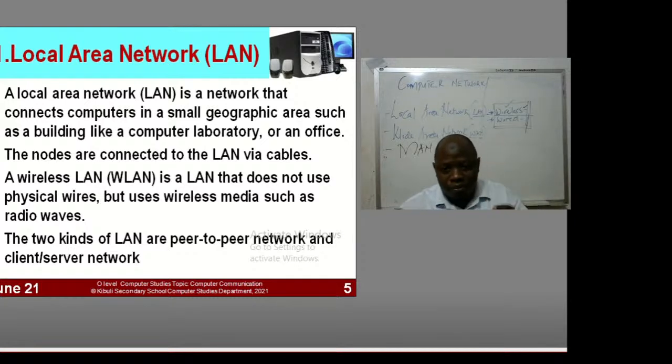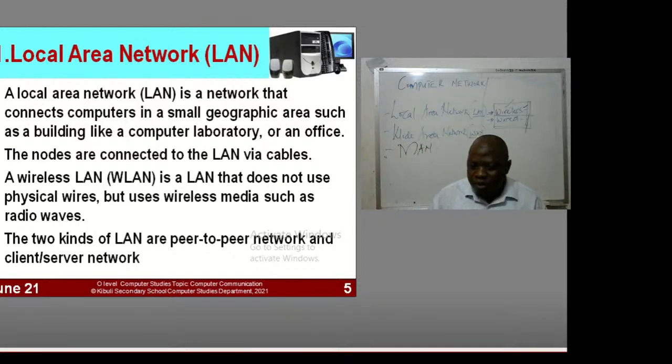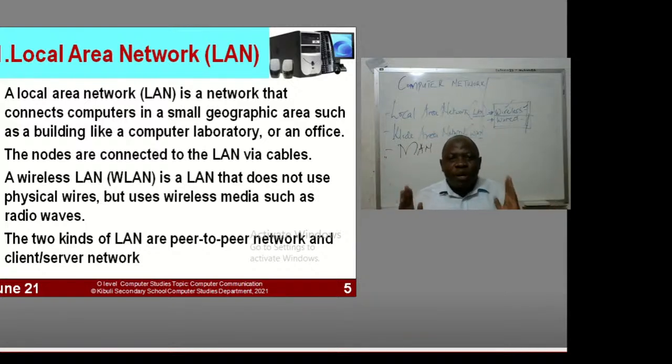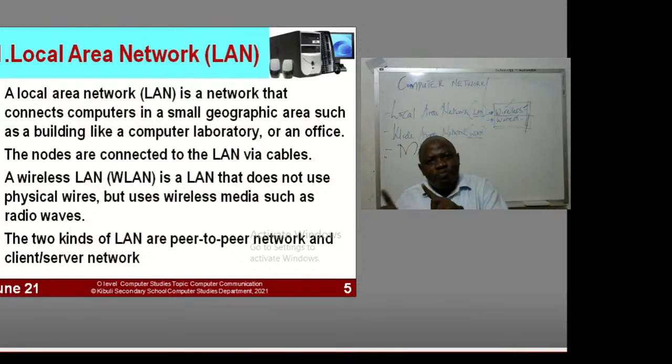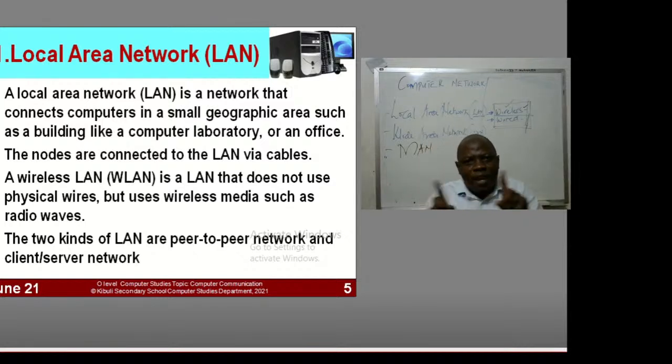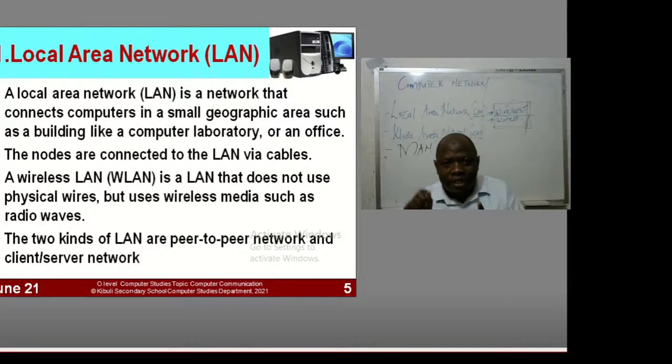So when we talk about peer-to-peer, we are talking about an independent computer and an independent computer. I may have two laptops. The two laptops, I connect them together. I may connect them via wireless, that is Bluetooth, or via wired, when I have wires and connect them together.